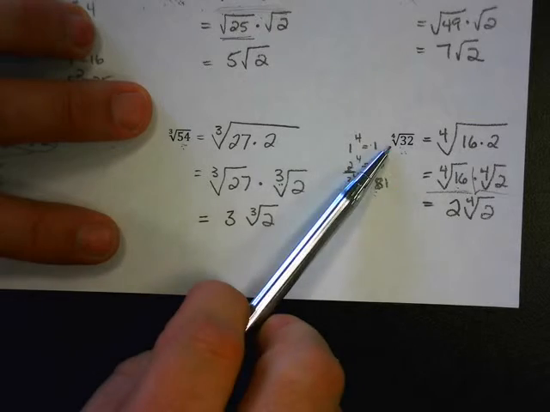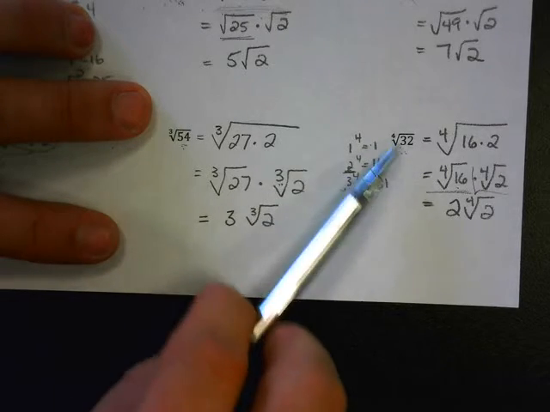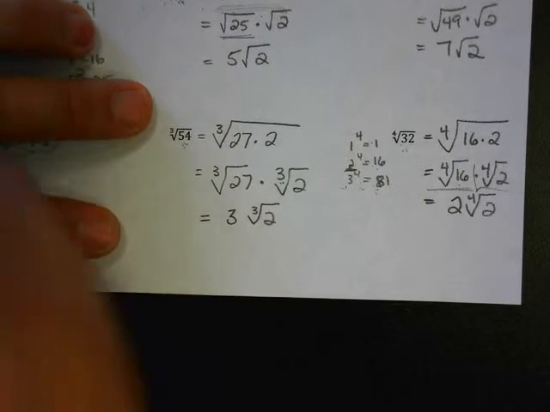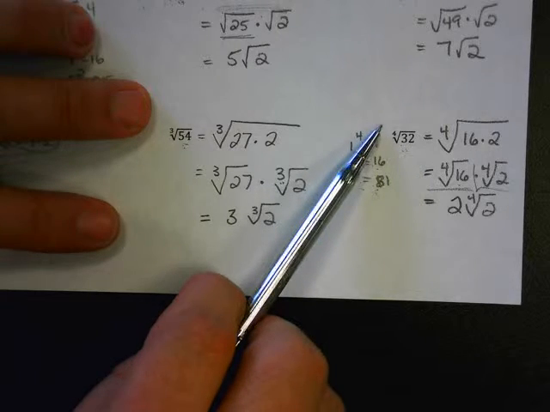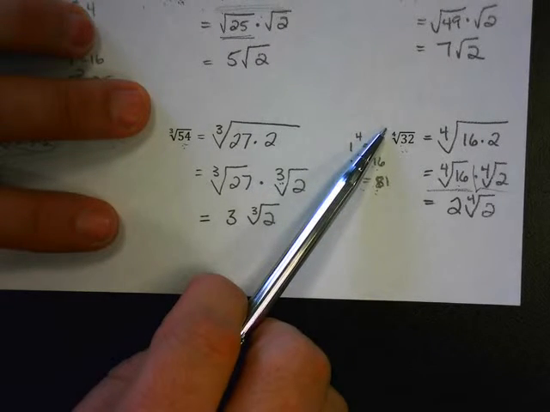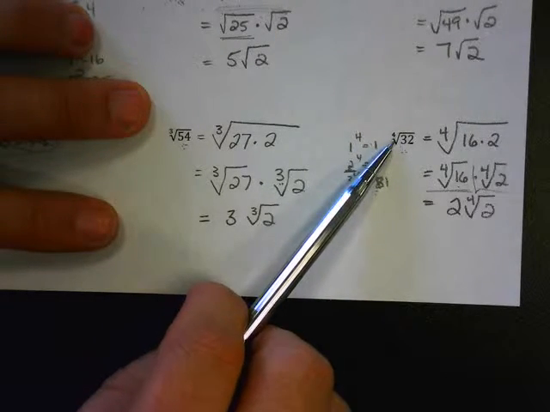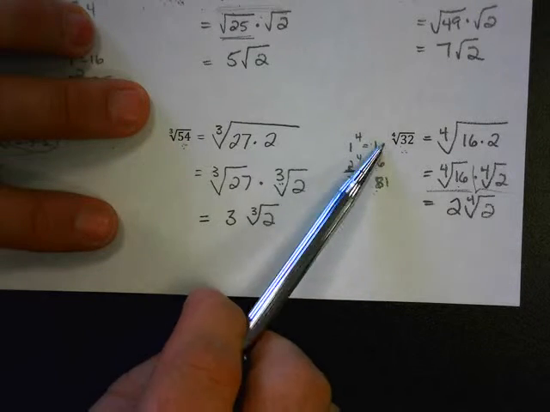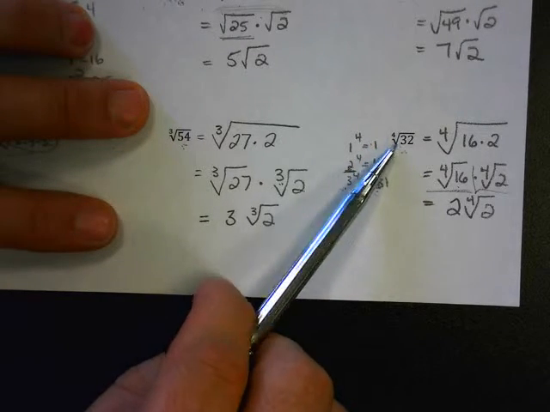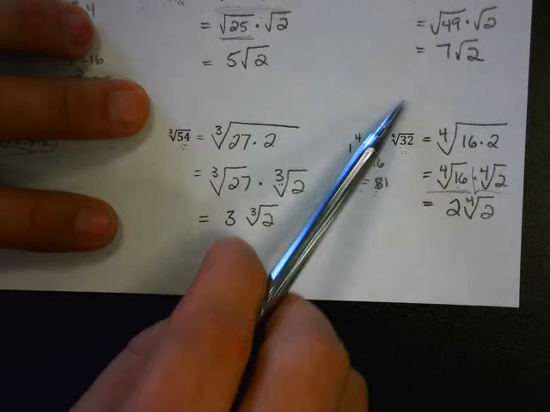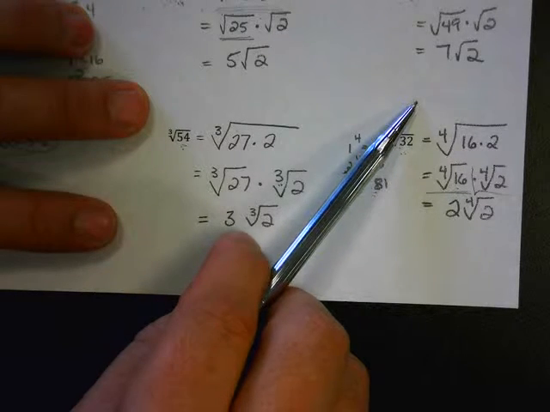And again, if you want to check to see if you did these right, you would check them in your calculator. Now, it might be harder to put a 4th root in your calculator, but you could always go to fractional exponents, right? What's 32 raised to the 1/4 in parentheses?